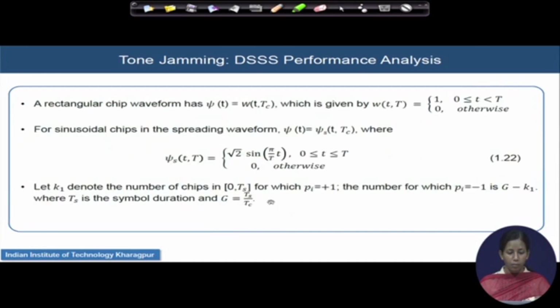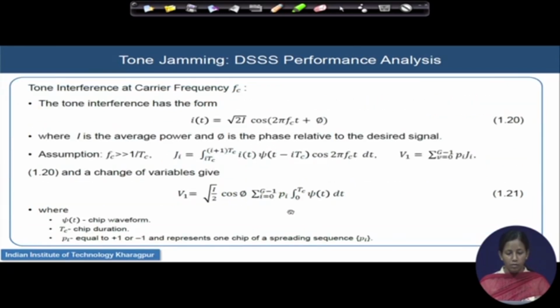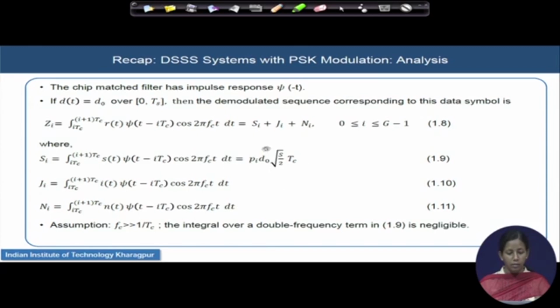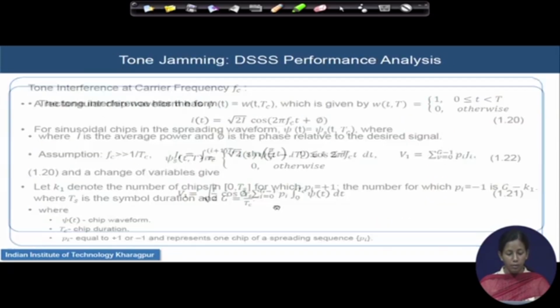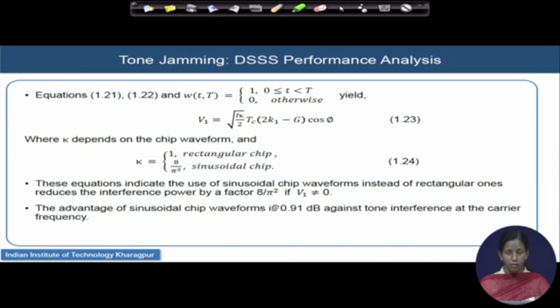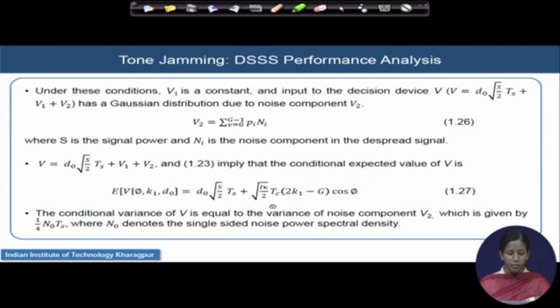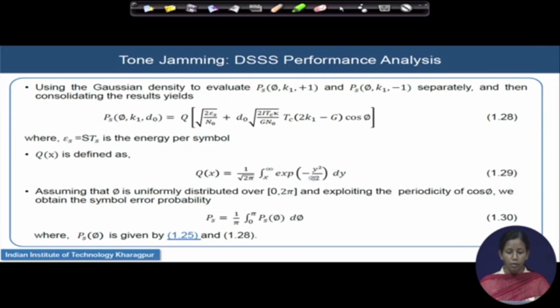We will recall the pulse shapes we have utilized to establish the expression, both the rectangular as well as the sinusoidal chip, and we will also recall the contribution of the symbol section on the computation of V, which enters into the decision device, and the concept of the Q function. The final symbol error probability, in view of the different nature of interference with different carrier frequencies, will be continued in the next module.